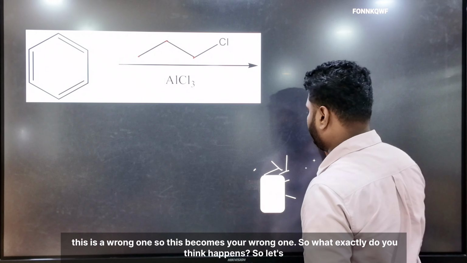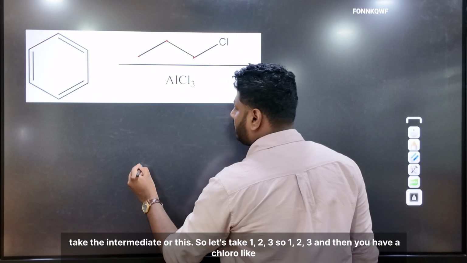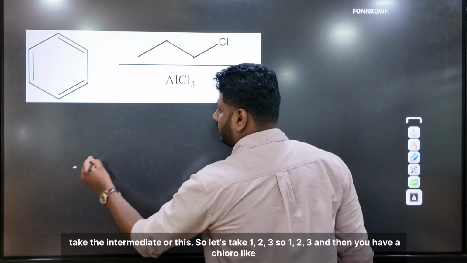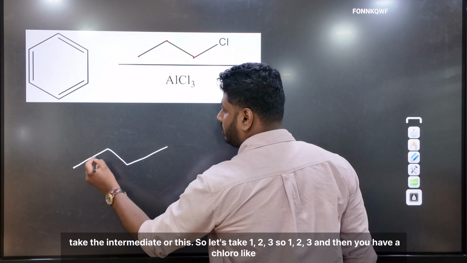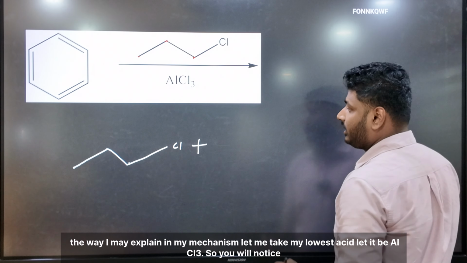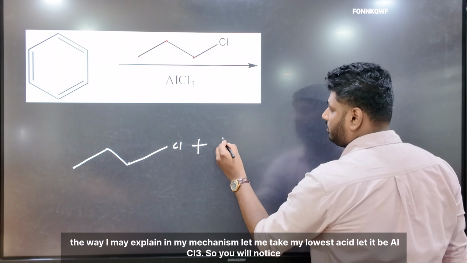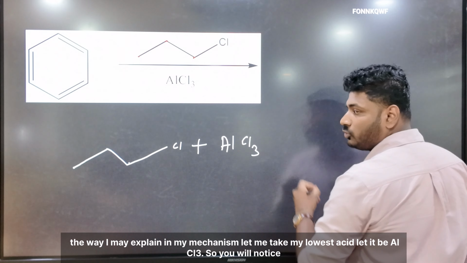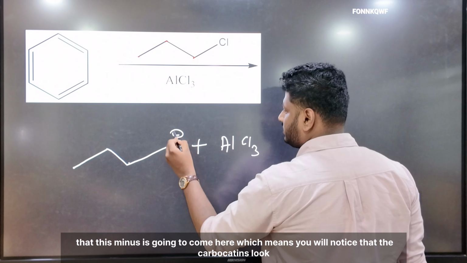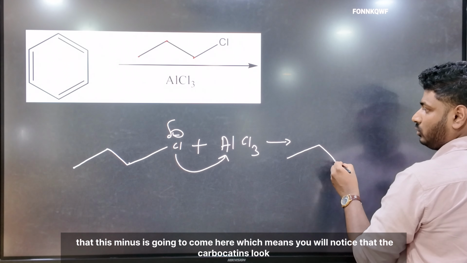So what exactly do you think happens? Let's take the intermediate. So let's take 1, 2, 3, and then you have your chloro. Like the way I explained in my mechanism, let me take my Lewis acid, let it be AlCl3. So you will notice that this minus is going to come here, which means the carbocation looks something like this.